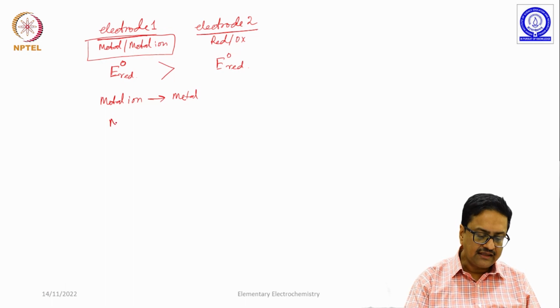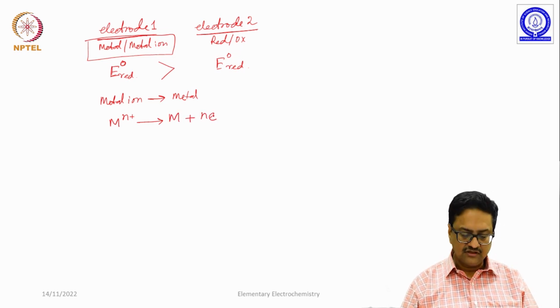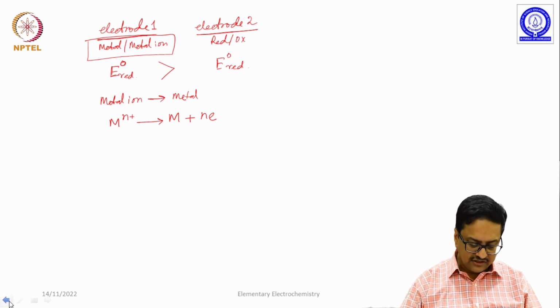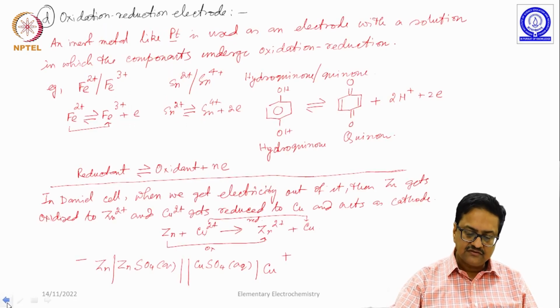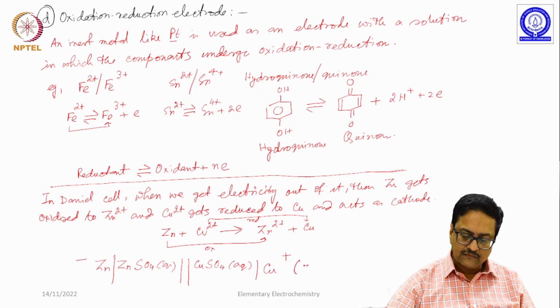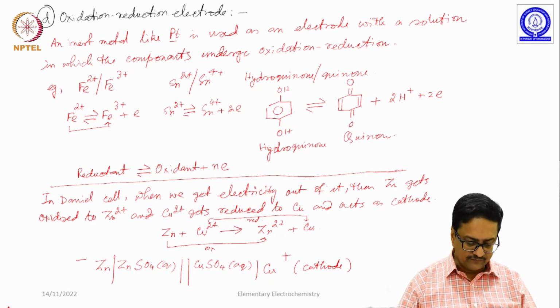That means M n+ should get reduced to a metal, taking n number of electrons. And where does the reduction take place? If you go back to my previous slide, you see the reduction is here, that is copper is getting reduced, and the reduction has taken place at the cathode and oxidation is taking place at the anode.